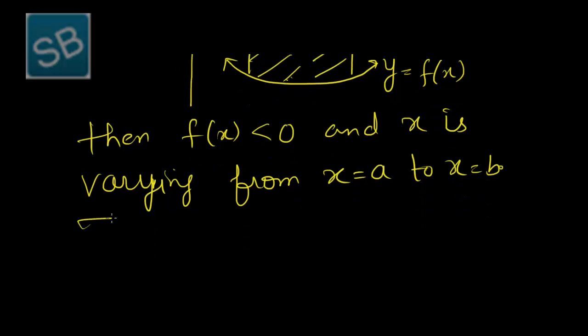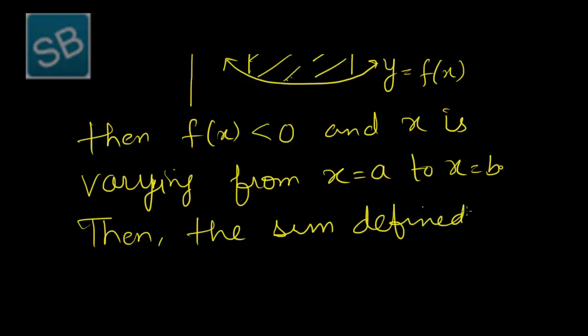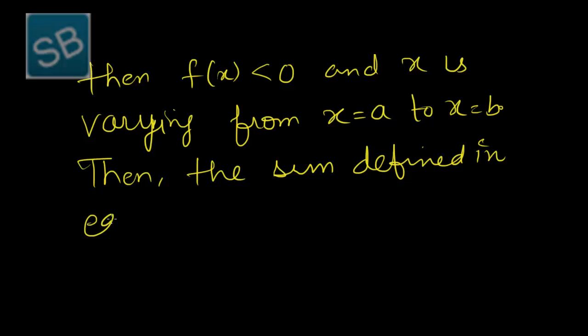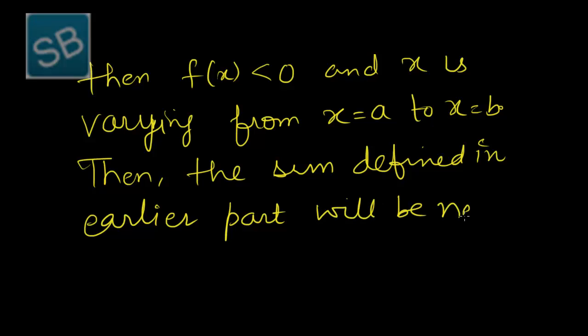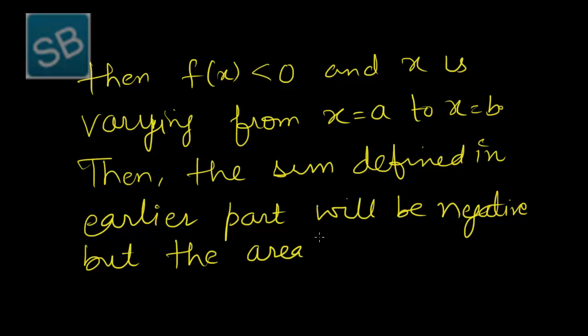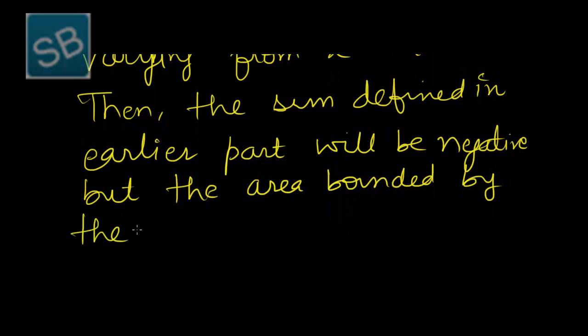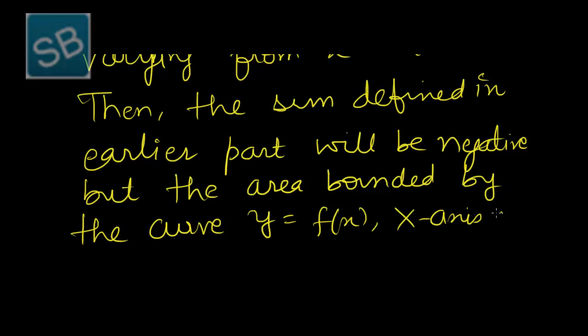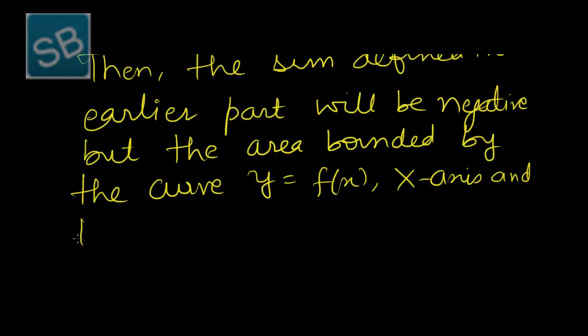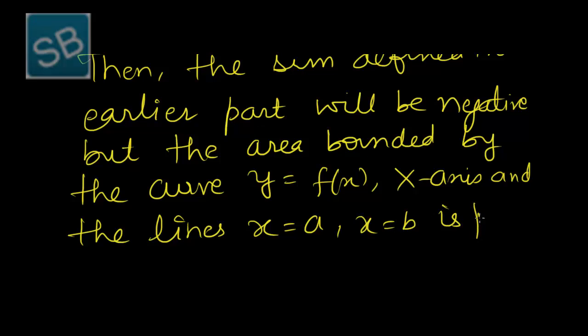Then the sum defined in the earlier part will be negative, but the area bounded by the curve y is equal to f of x, the x-axis and the lines x is equal to a and x is equal to b is positive.